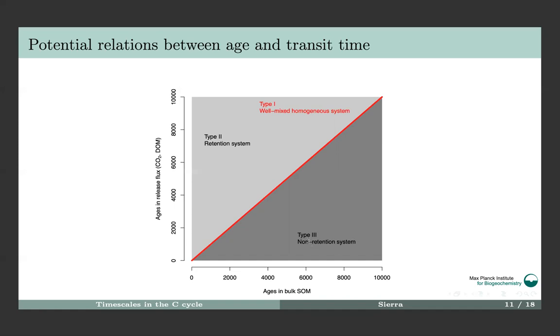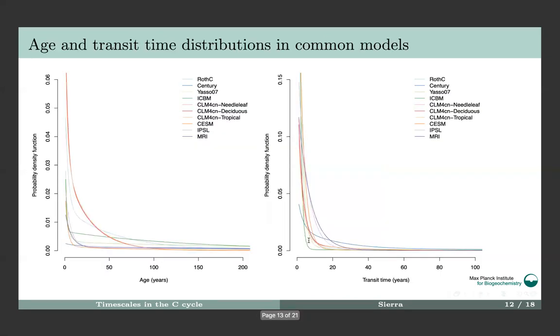So we were interested in studying what type of relationships we see in soils. We used a number of very common models from the literature, and we used our formulas to compute the age and the transit time of carbon for these models at equilibrium. We see that the shapes of these distributions are relatively similar. For the age distribution, we see that most of the carbon for all models is always very young, and only small proportions of carbon can get really old.